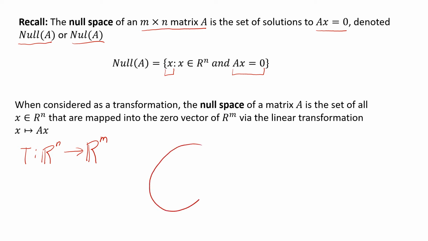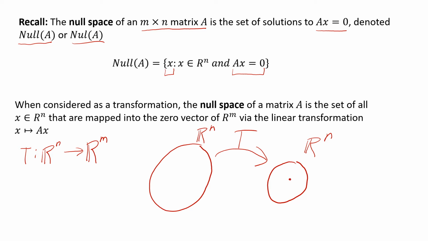So your transformation is going from this Rn into some subset of Rm, and T is going into there. The null space is everything in your first set that turns into 0. So Rn, what you have over here, the null space is a subspace of Rn. There is a 0 vector in there someplace.